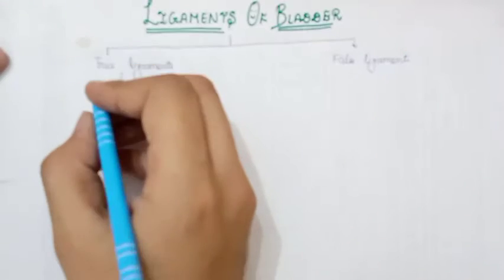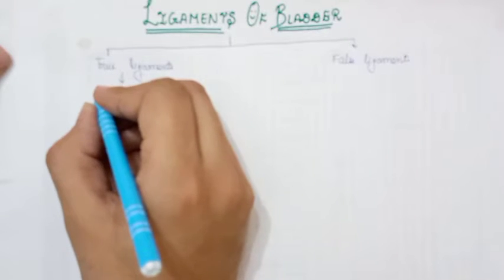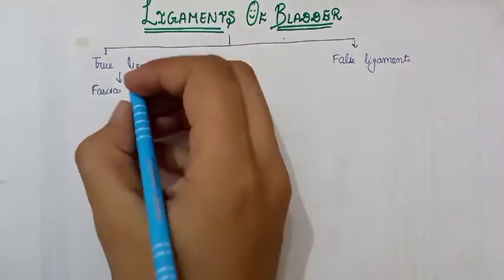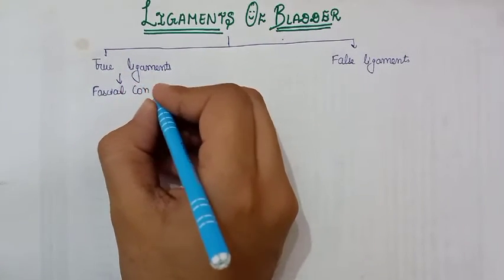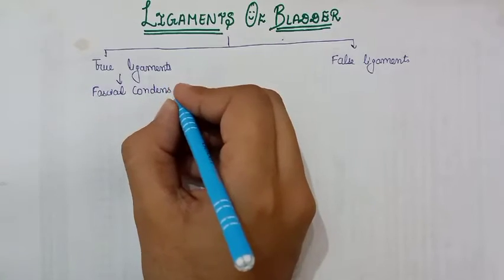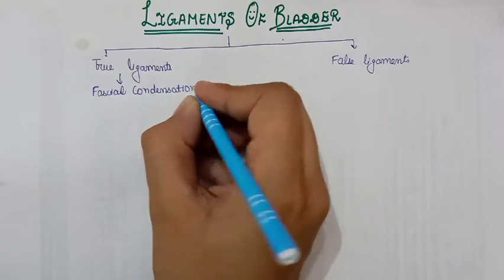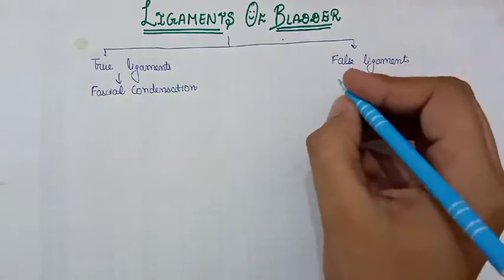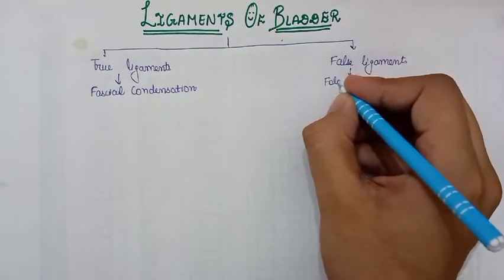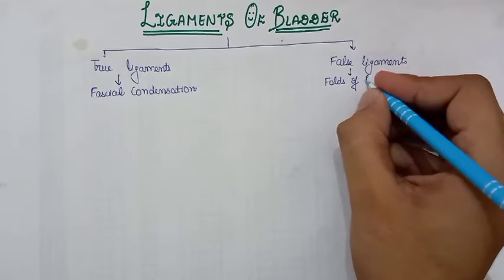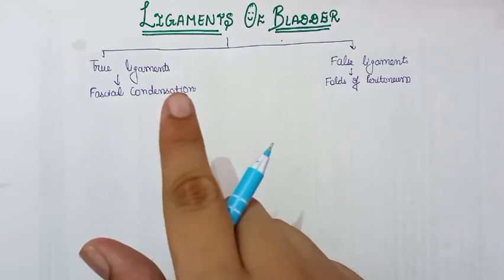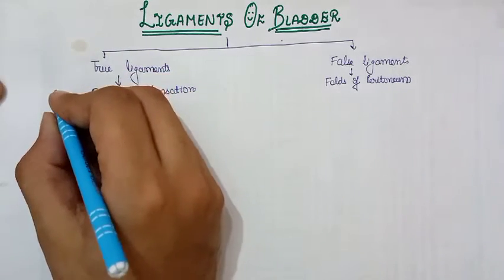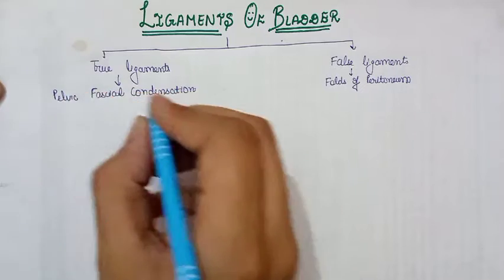So true ligaments are the fascial condensation. And false ligaments are just mere folds of peritoneum. The fascial condensation, more accurately, is pelvic fascial condensation.